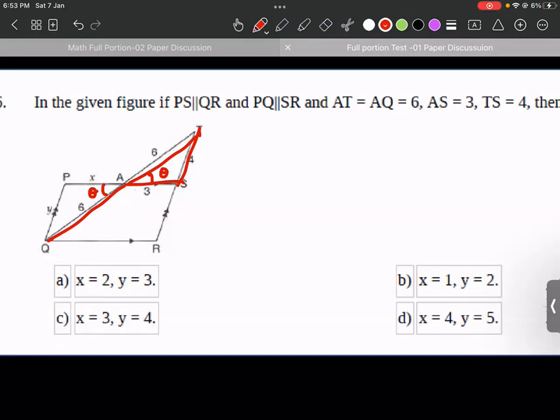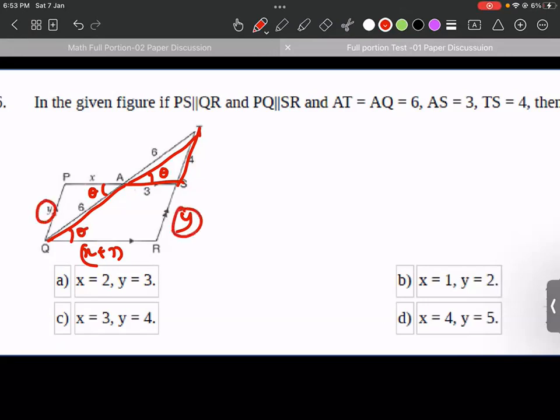And then by seeing the proportionality, I found QR, and then I found out that QR equals PS. So this will be X plus 3. Is this what you did?